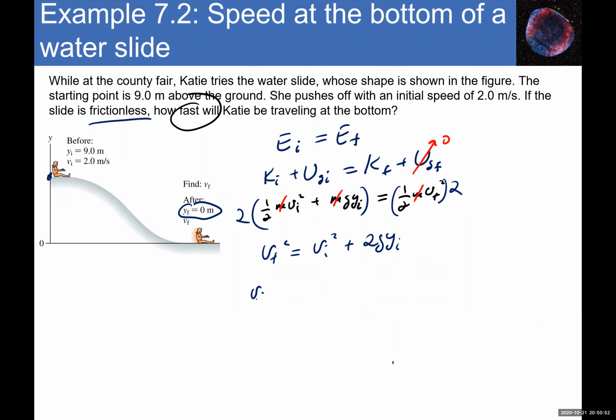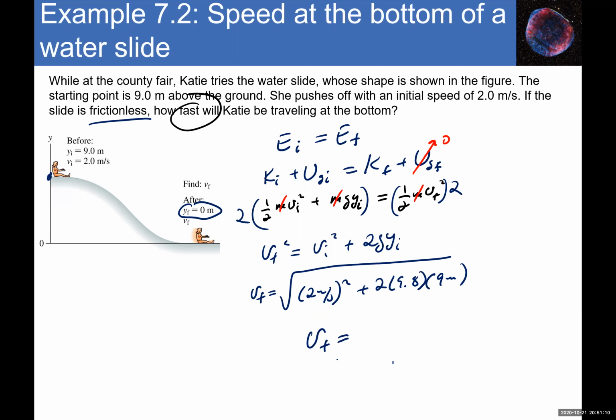Then taking the square root of both sides, I can solve for the final speed, which will be the square root of 2 meters per second as initial speed squared plus 2 times 9.8 times 9 meters, which is the height. I calculate this and find the final speed to be 13 meters per second. There you go.